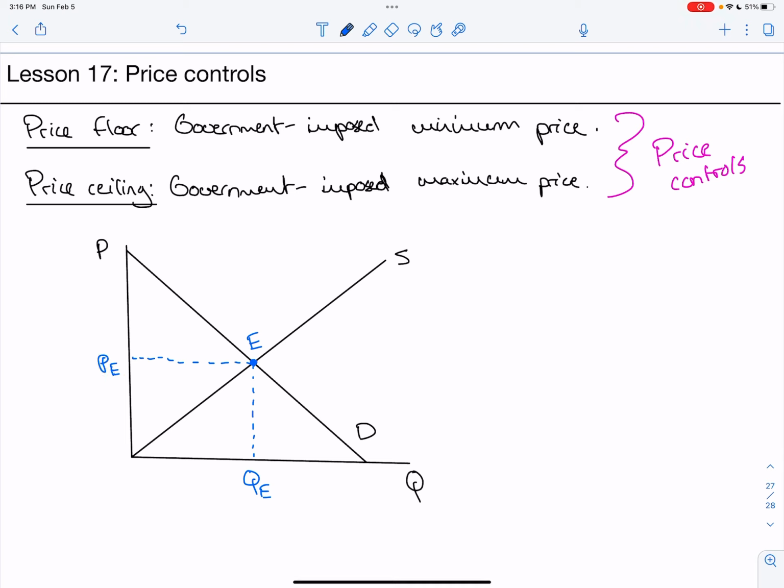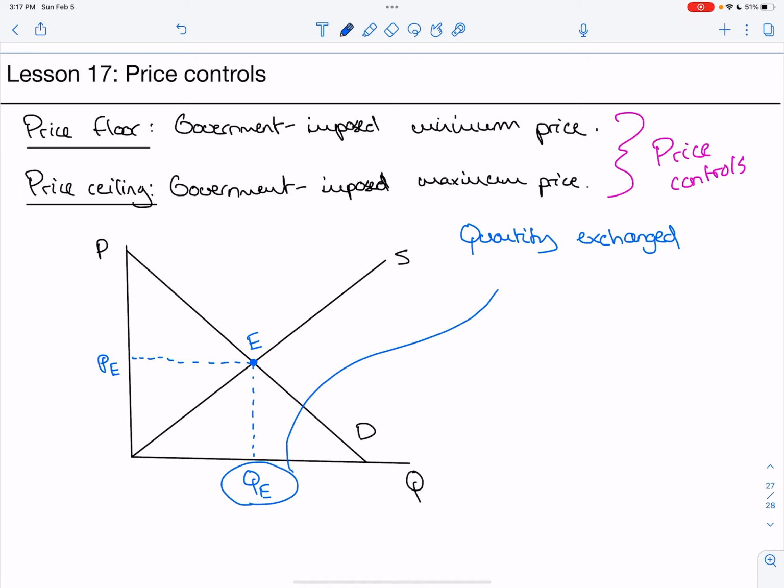Now, before anything happens, let's define this here. Quantity exchanged. Okay, this is going to be the actual quantity that is bought and sold in the market. Now, of course, in a market in equilibrium, the quantity exchanged is just the equilibrium quantity, right?